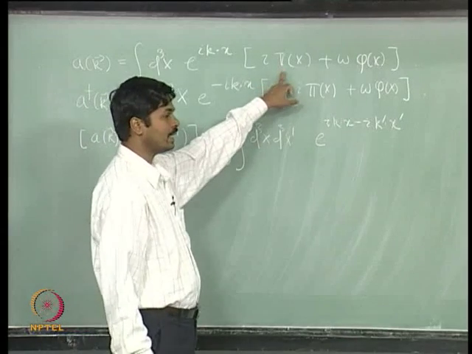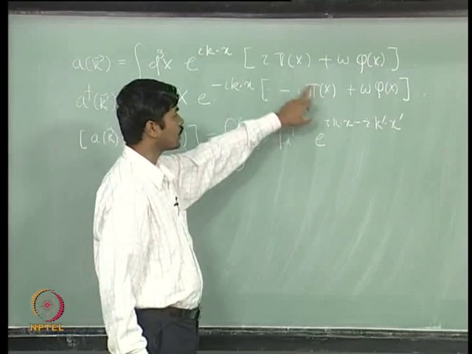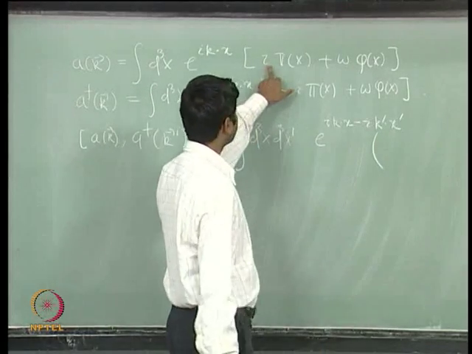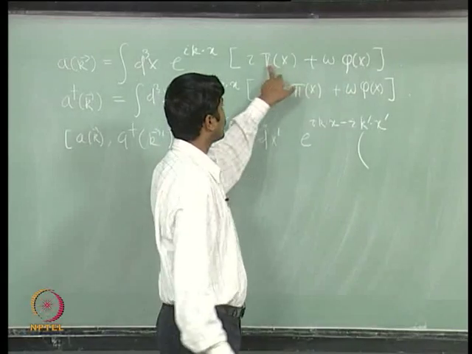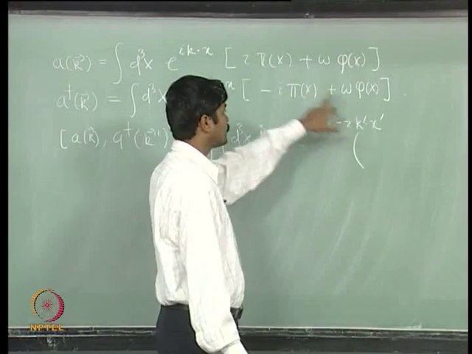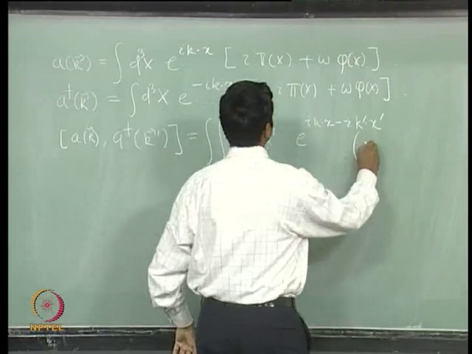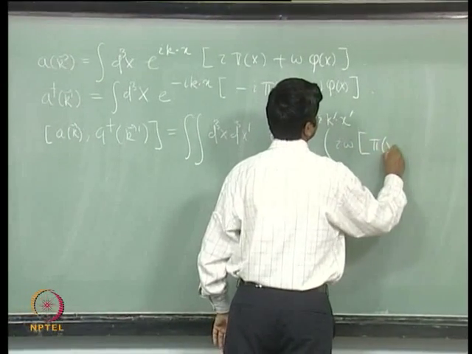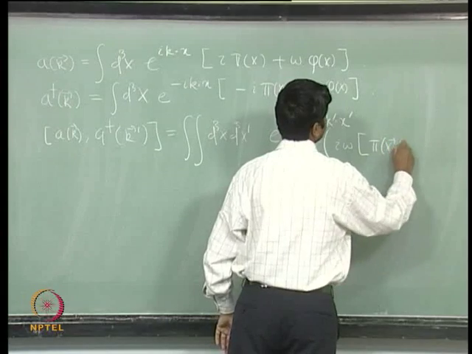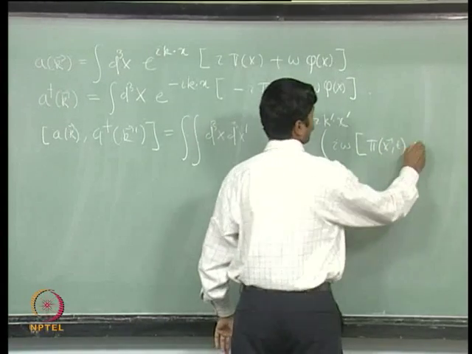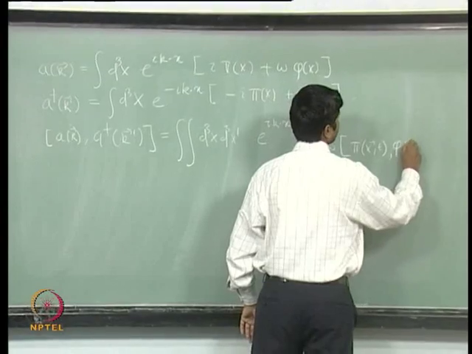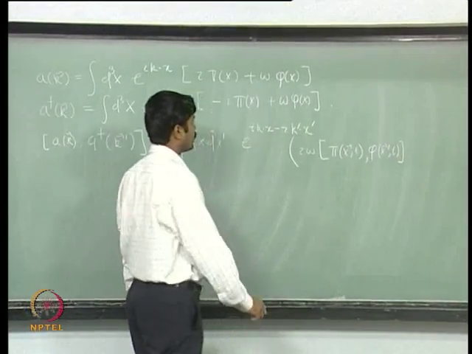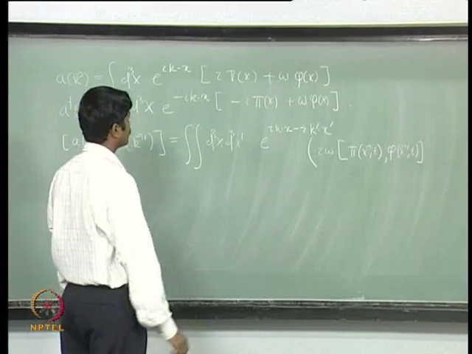Keeping this in mind, the commutator of these two terms will become i omega times the commutator of pi(x, t) and phi(x prime, t), because we are considering equal time commutation relations.